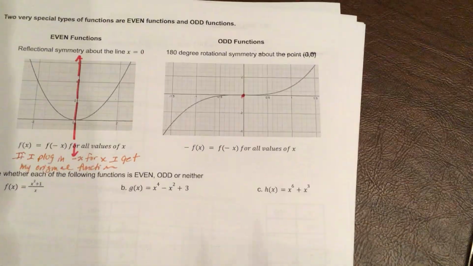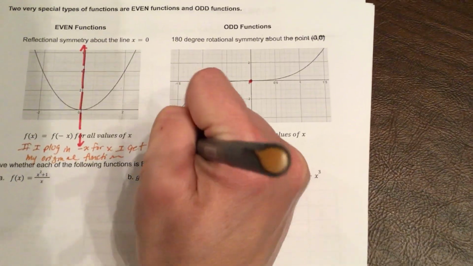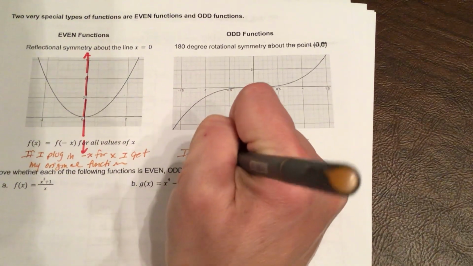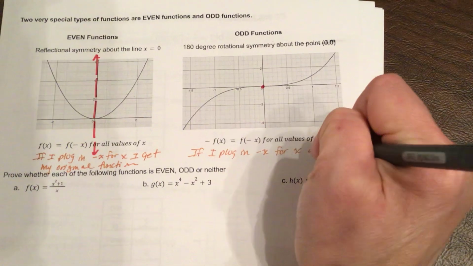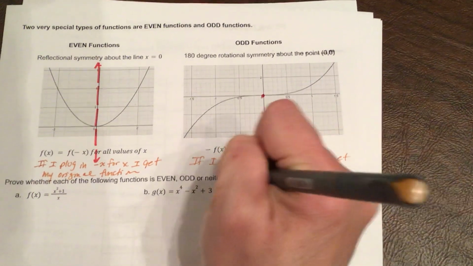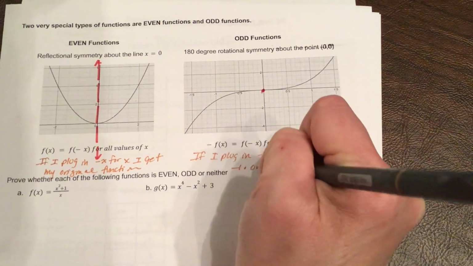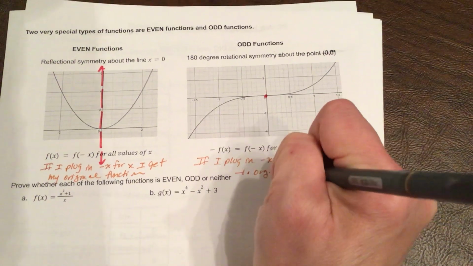It's odd if I plug in negative x for x and get -1 times my original function.